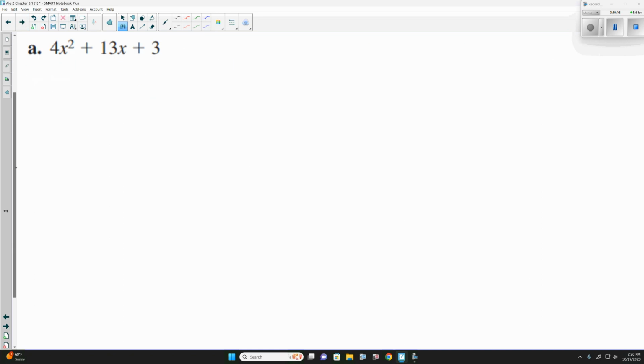4x squared plus 13x plus 3. What's our greatest common factor? Yeah, there's no greatest common factor other than 1. But the 1 doesn't really help us.